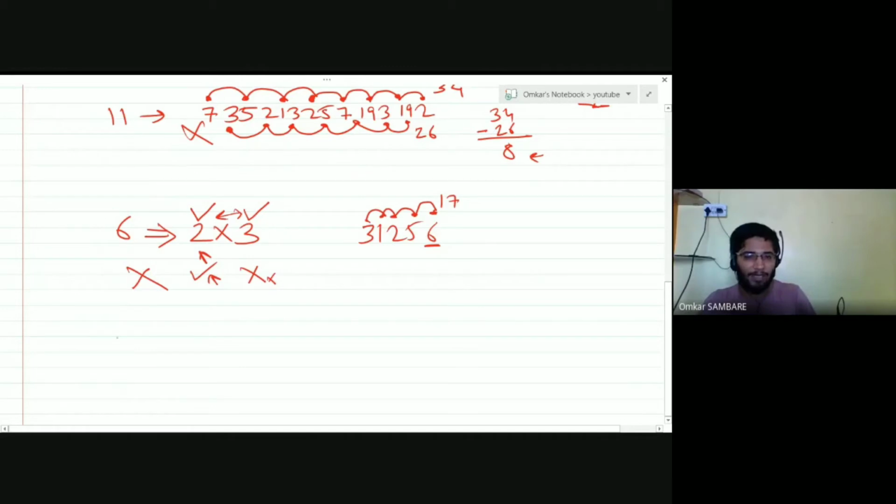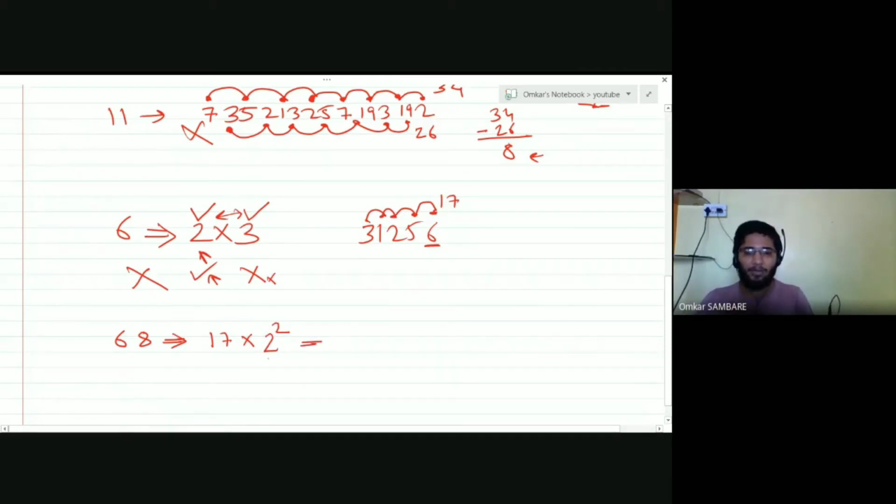Let's take some other example. Let's take the number 68. If I want to find the divisibility of 68, what will I do? I will make the prime factorization of this number, and I can write it as 17 into 4. But 4 is not prime, so I can write instead 17 into 2 square.